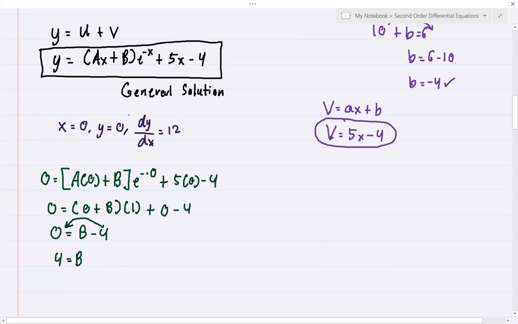If you take a look, we have dy over dx equal to 12. That means we can have another equation by getting the first derivative of your general solution.